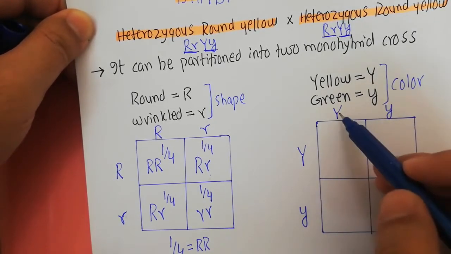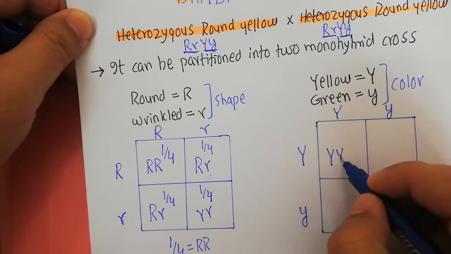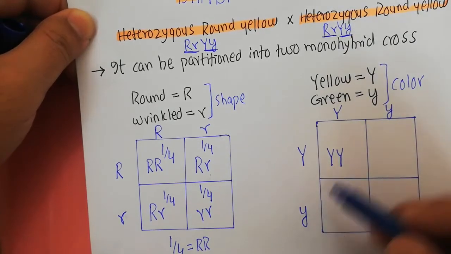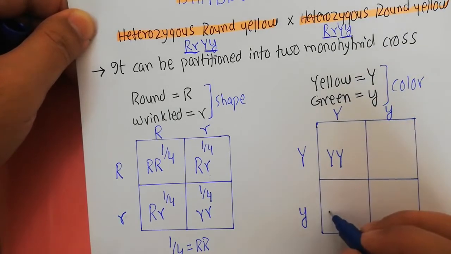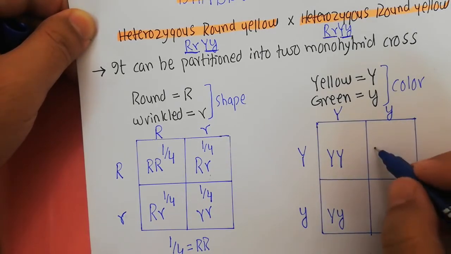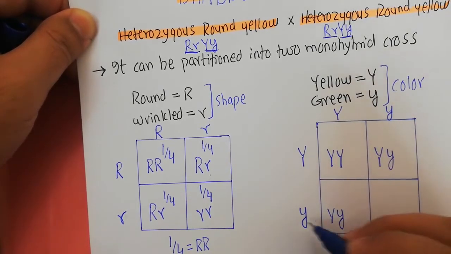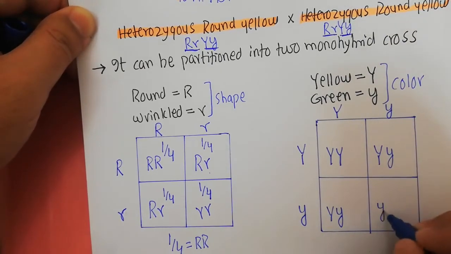One gamete from this parent is going to combine with one gamete from the other parent, giving you capital Y and capital Y. This gamete from this parent can combine with the gamete of the other parent, giving you the capital Y and the small y. Similarly, this capital Y can combine with the small y, and this small y from this parent can combine with the small y from this particular parent.